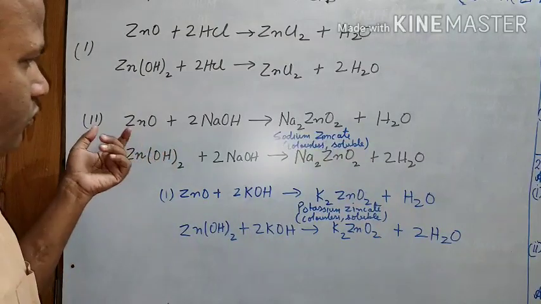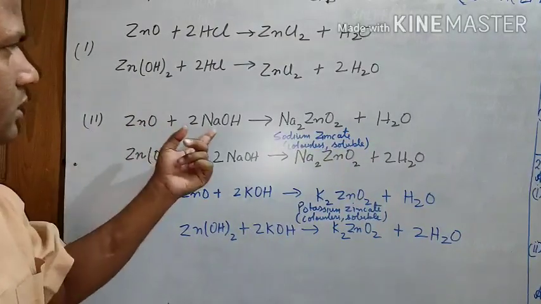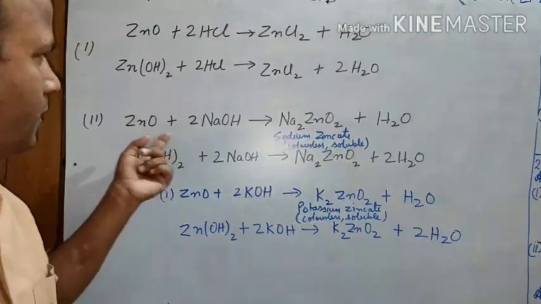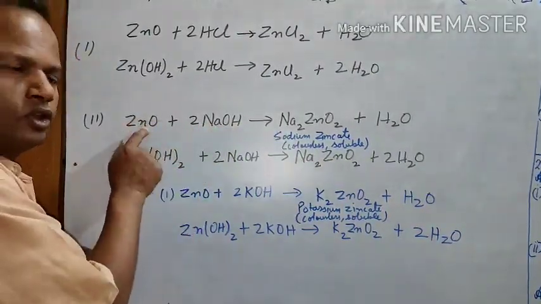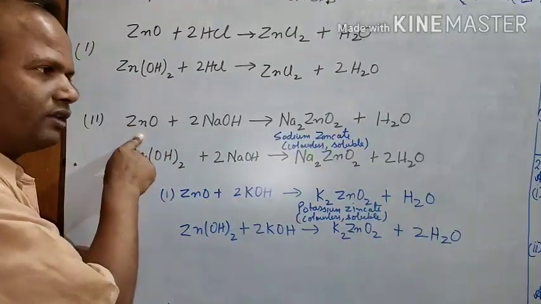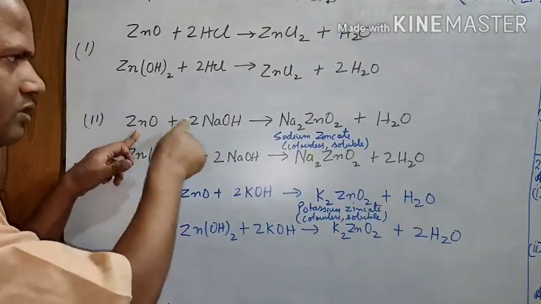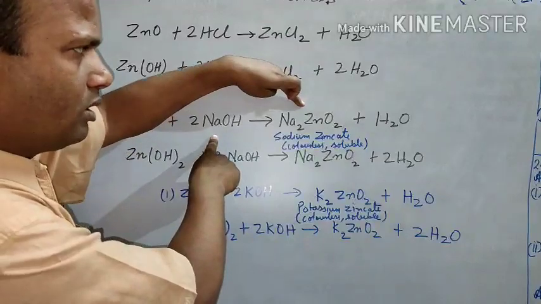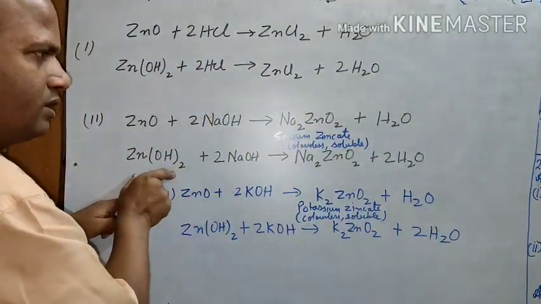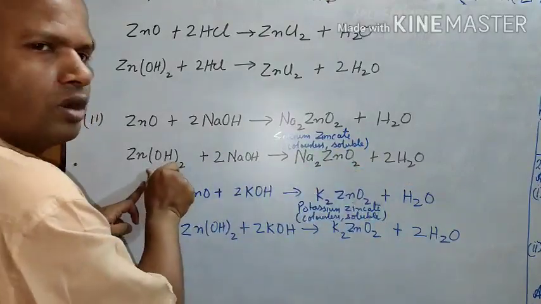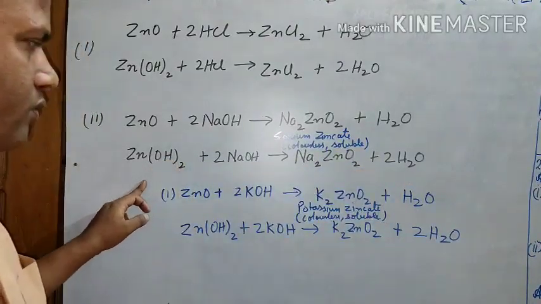Now we have zinc oxide reacting with an alkali. So how is it behaving? Here this zinc oxide is behaving as an acid. Acid reacts with base to give salt plus water. So these are the amphoteric ones.